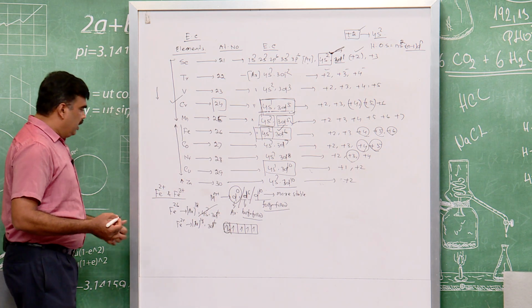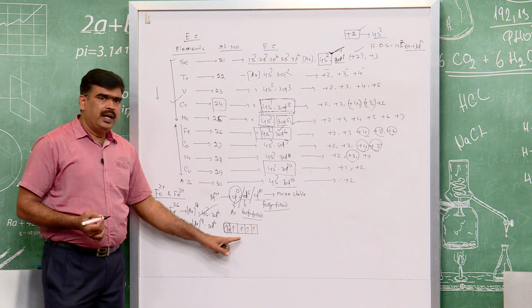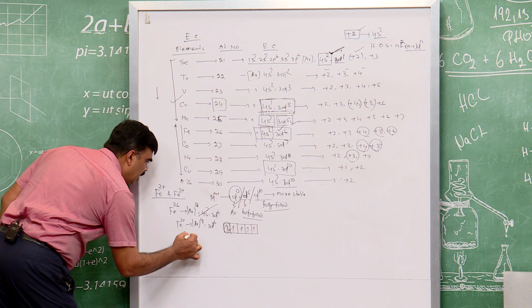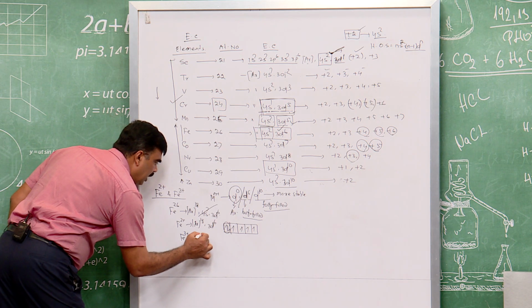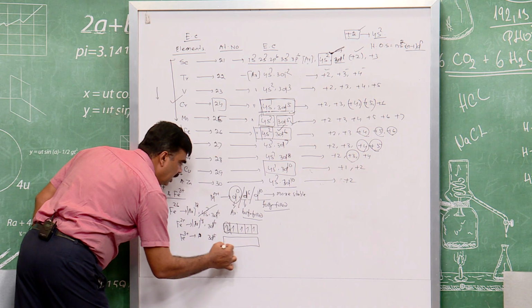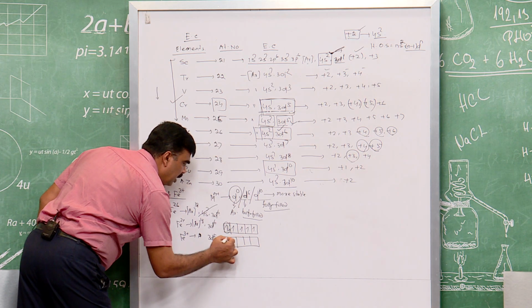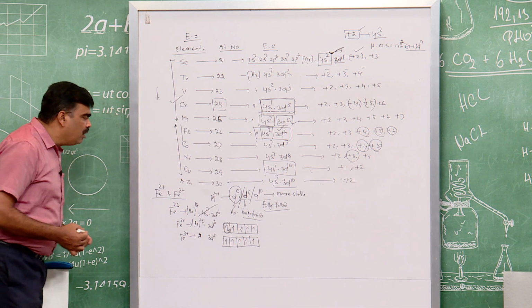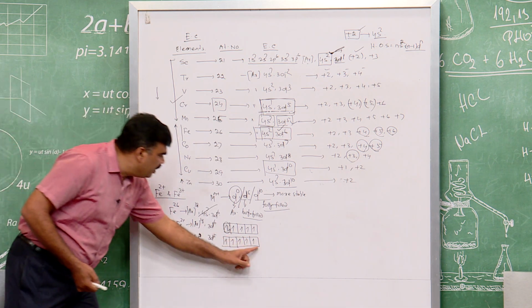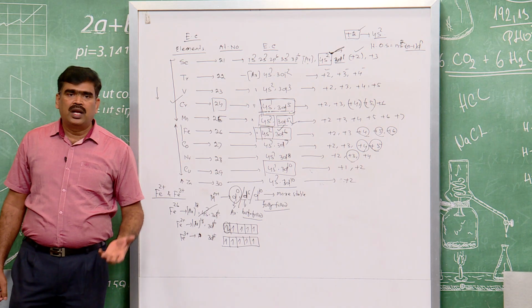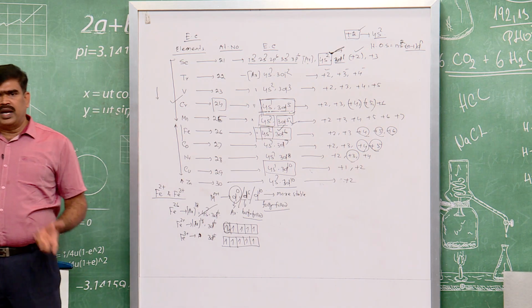So here it is not exactly half filled. In the case of ferric, you have argon and 3d5. 3d5 means you have exactly half-filled orbitals. Exactly half-filled orbitals mean minimum electronic repulsion and greater exchange energy. That is why the ferric ion is more stable than ferrous. So it is one of the criteria.